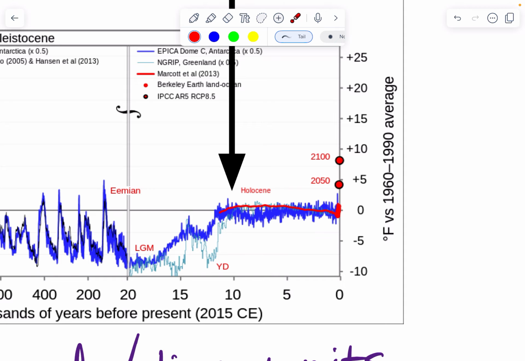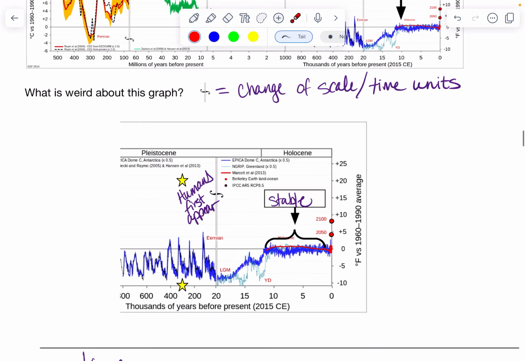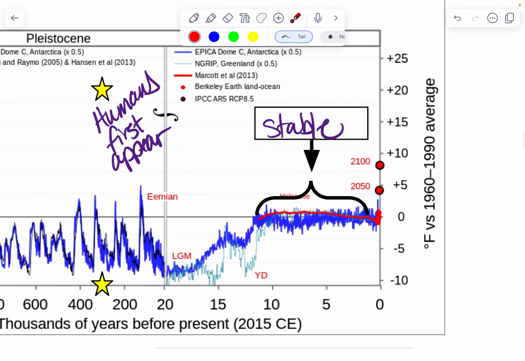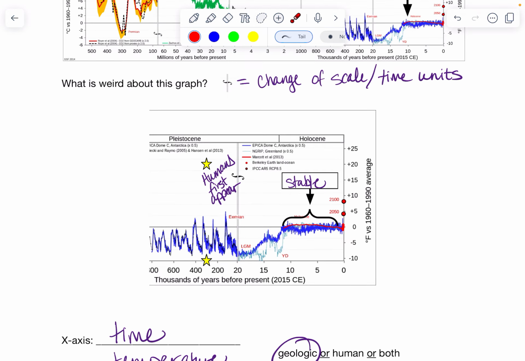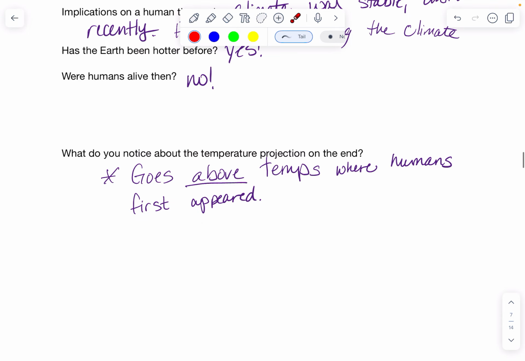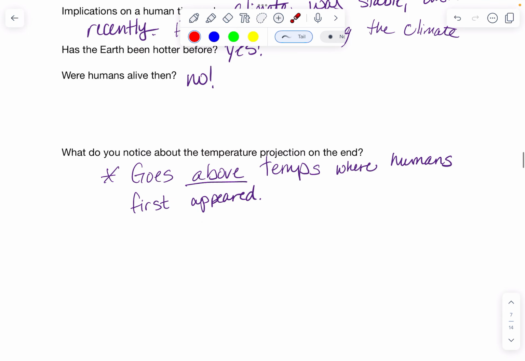But what we notice is where humans have appeared was right in here, right? And if we draw a straight line across, by 2100 we're expected to go above where humans have ever had to function before. And so we're going to learn some stuff about ourselves, about our priorities, about our values, because those temperatures go above where humans have ever been before.